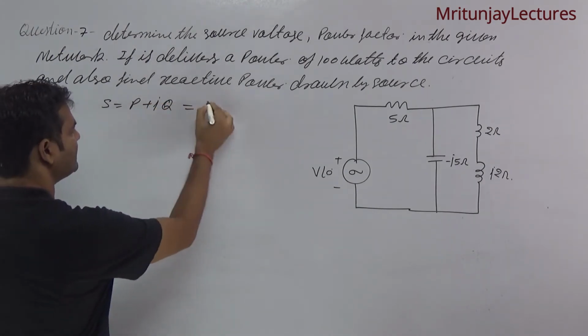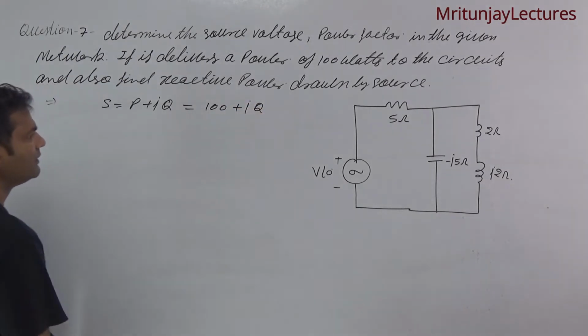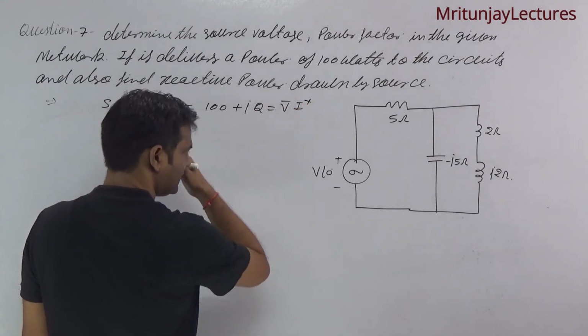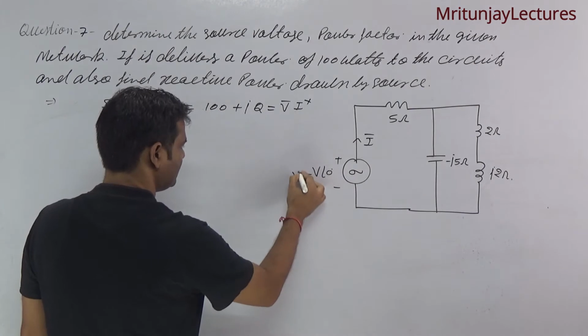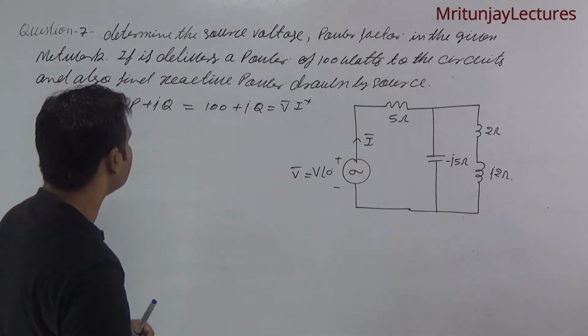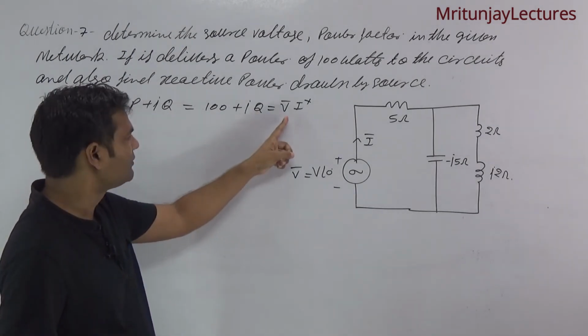P is given, that is 100 watt, and that is Q, corresponding to V into I conjugate. If current is I and V is given like this, then find the reactive power. So our target is Q.